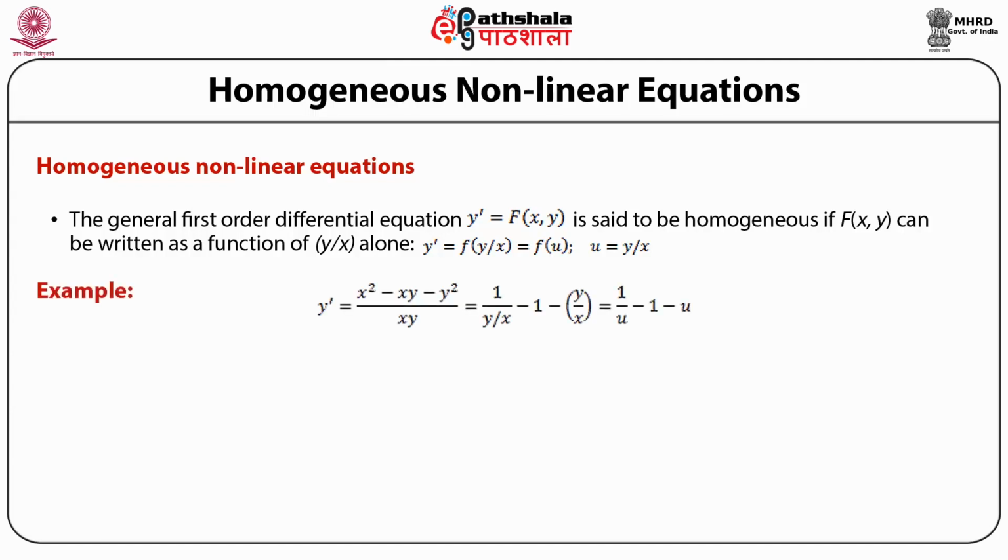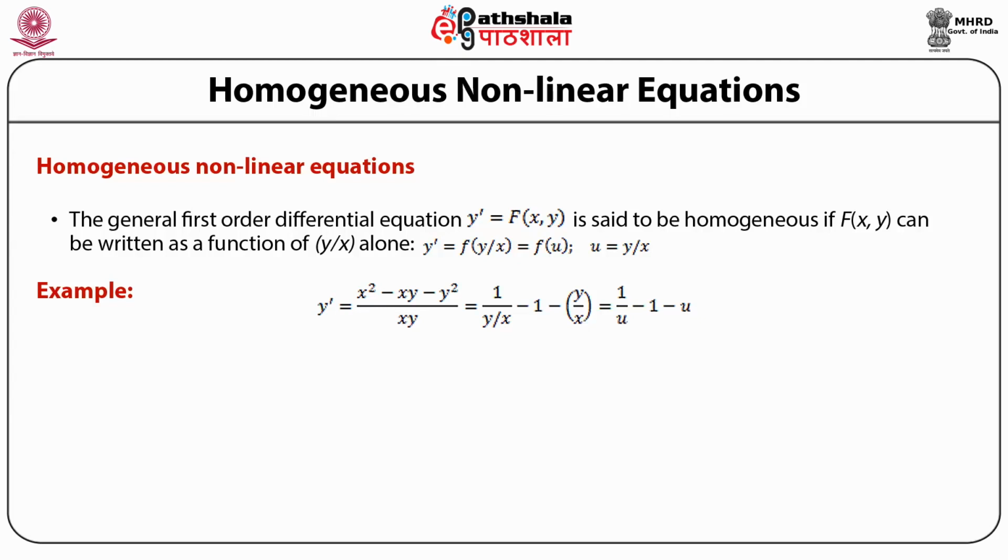For example, the equation y prime is equal to x square minus xy minus y square by xy is equal to 1 divided by y by x minus 1 minus y by x, which is equal to 1 by u minus 1 minus u, where y by x is substituted by u.